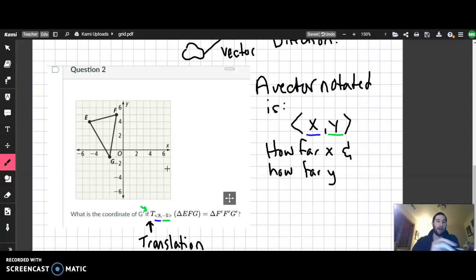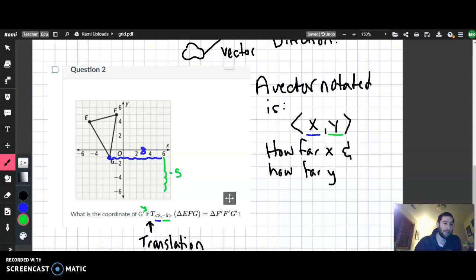And so if I look at G and I want to talk about going 8 units to the right, then I'm going 1, 2, 3, 4, 5, 6, 7, 8. So that's 8 units to the right for our vector. And then I'm going to go 5 units down. And the reason why I know it's down is because the 5 is negative. So I'm going 1, 2, 3, 4, 5 units down.